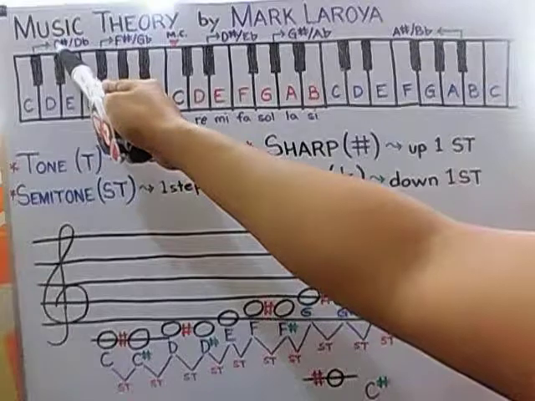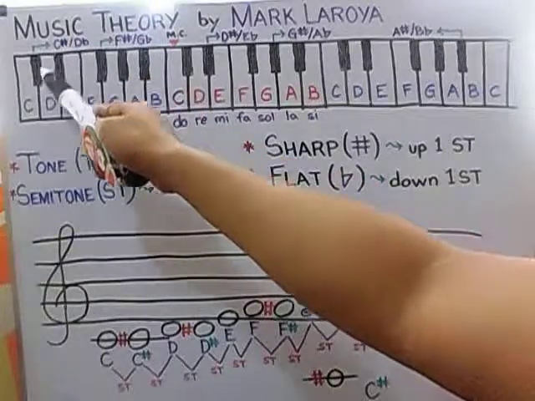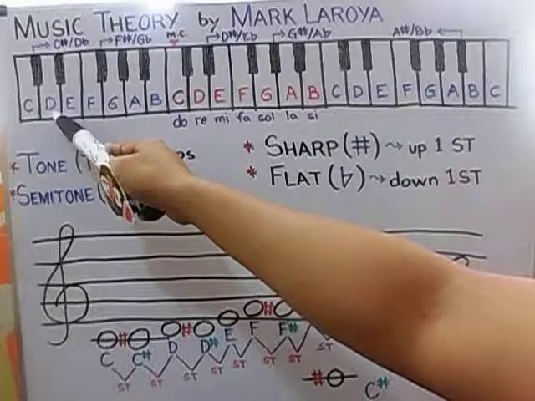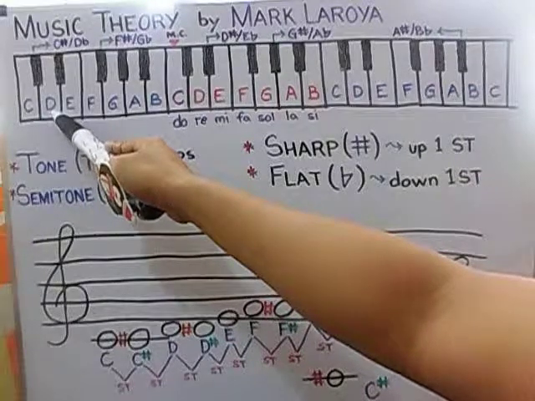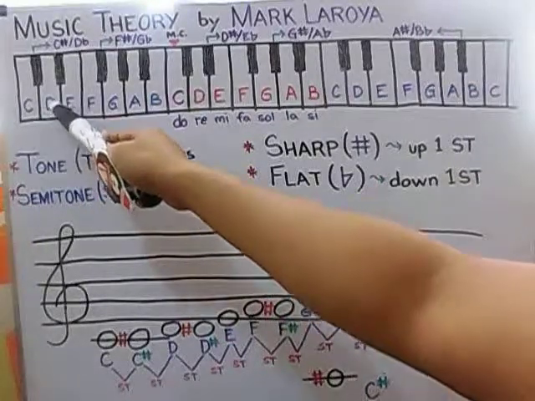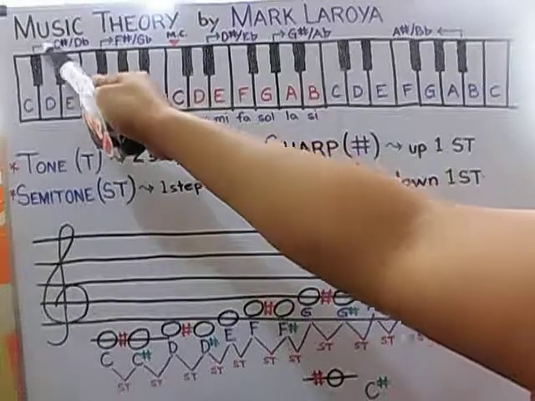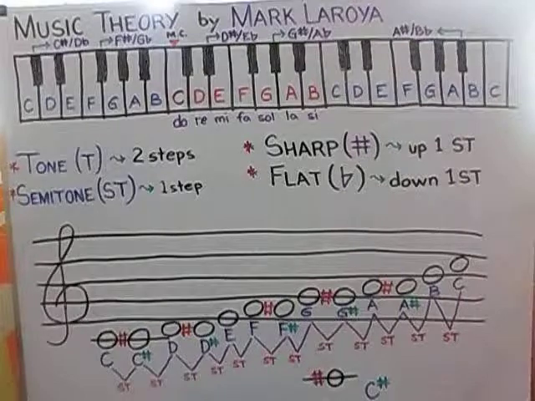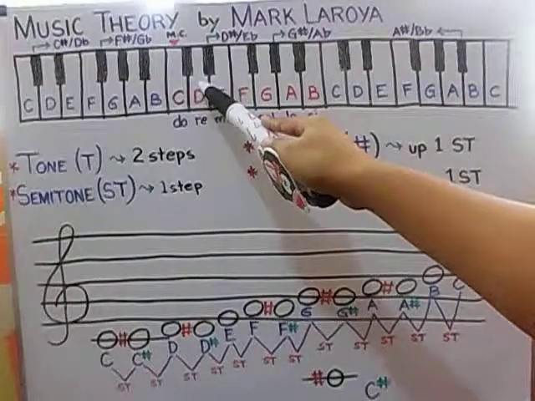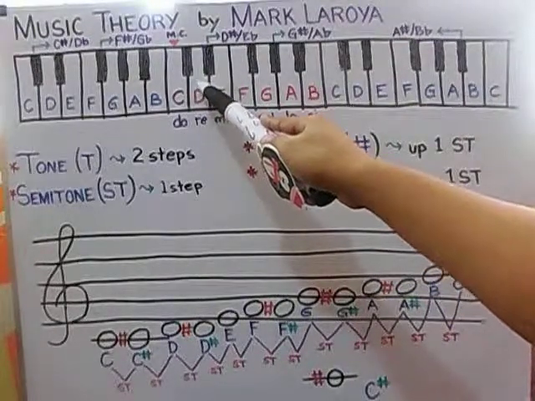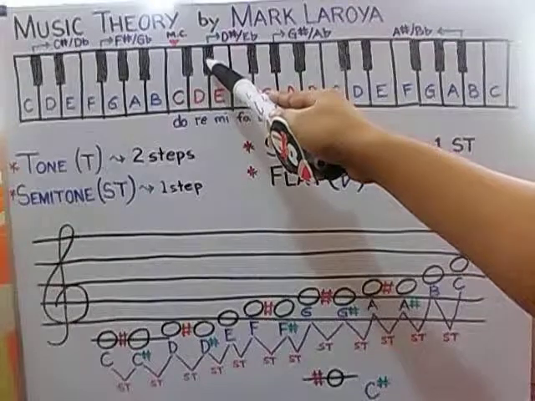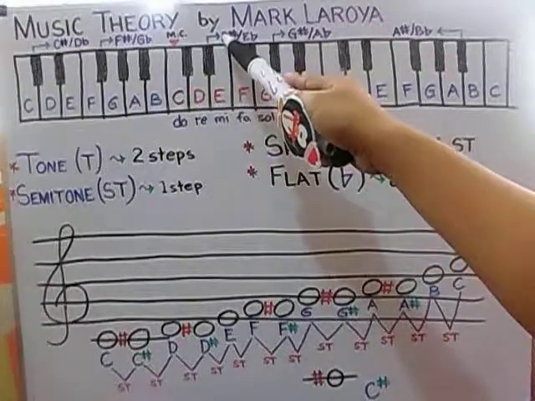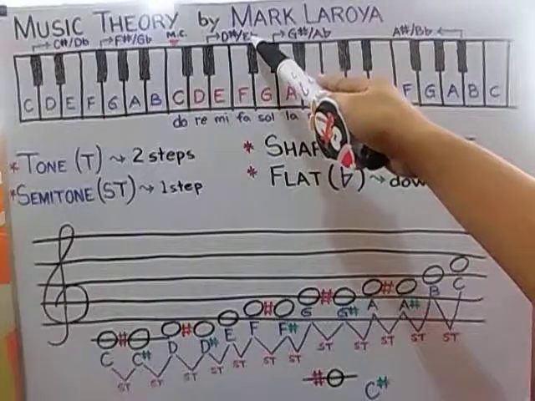C sharp or D flat, because if we start from D and we move one step to your left, it's D flat. So therefore, C sharp is equal to D flat. Same goes here. D sharp or E flat. So D sharp is equal to E flat.